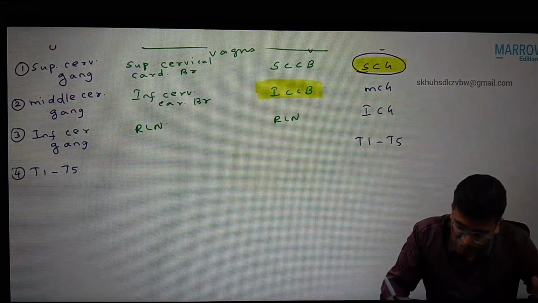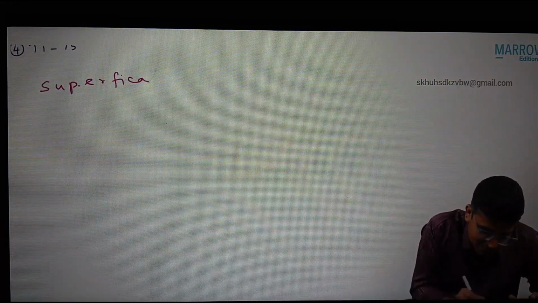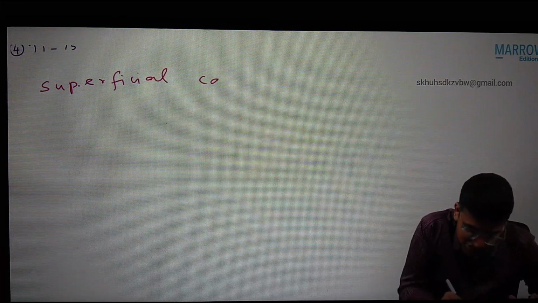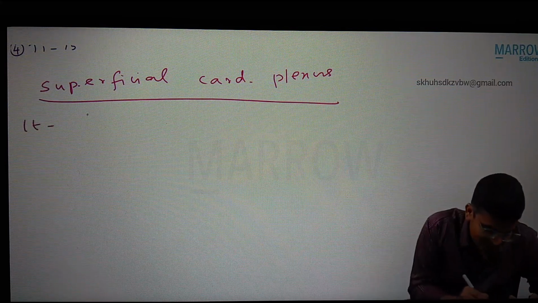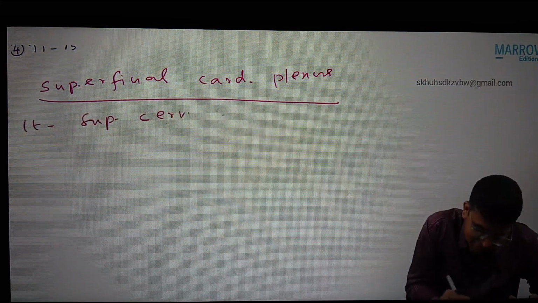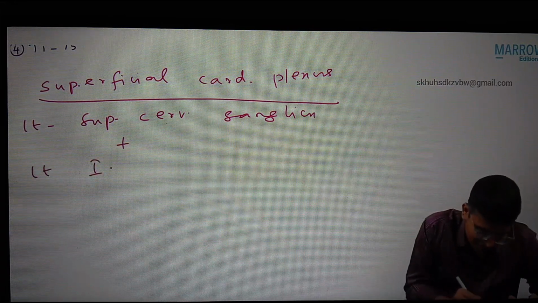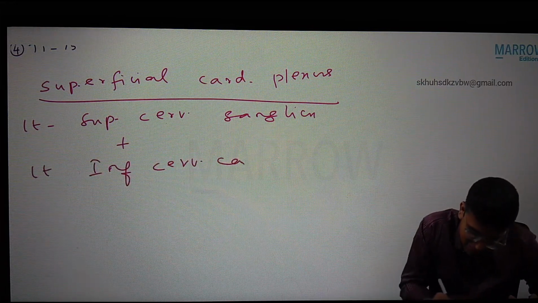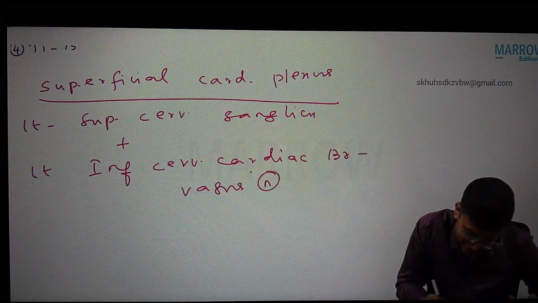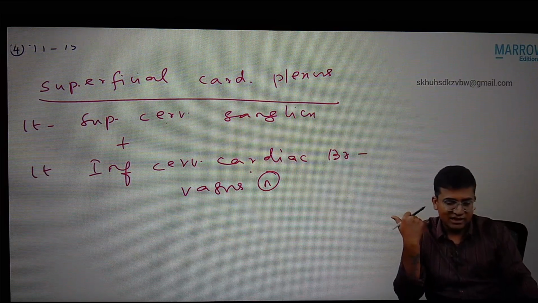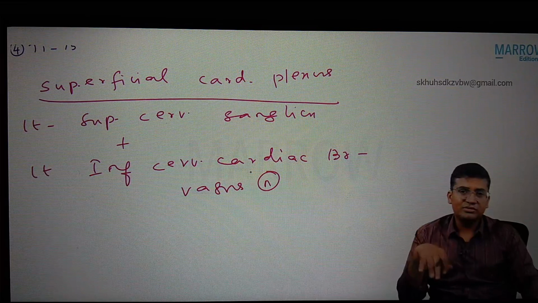So the superficial cardiac plexus is formed by the left side superior cervical ganglion from the sympathetic and the left side inferior cervical cardiac branch from the vagus nerve. These two structures help in the formation of the superficial cardiac plexus. All remaining structures help in the formation of the deep cardiac plexus.